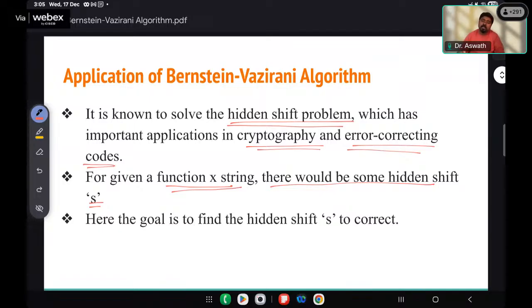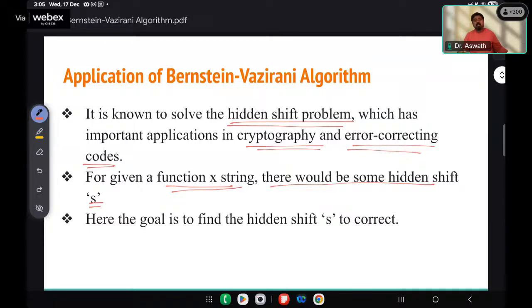It's like a number that is increased or decreased by some amount. For example, here in this case, s is that amount. Now the question is, somebody did it and we want to find what that shift is. Our task would be to find the shift by seeking a small number of queries from the person who did that shift.